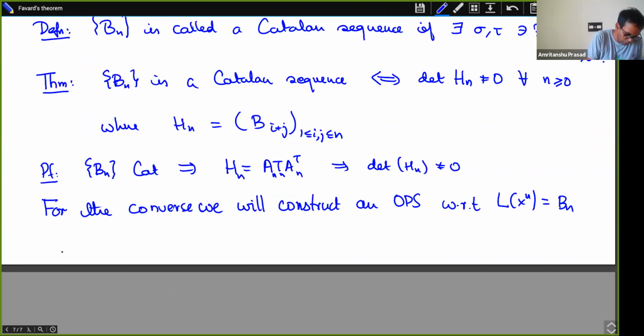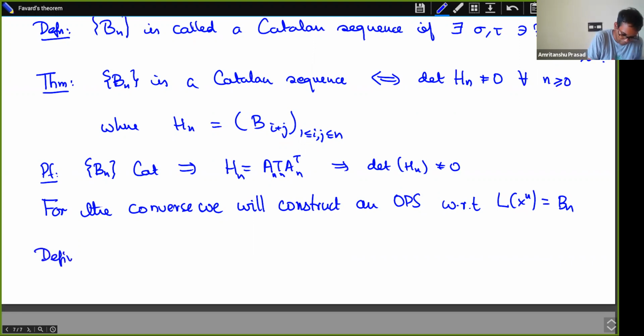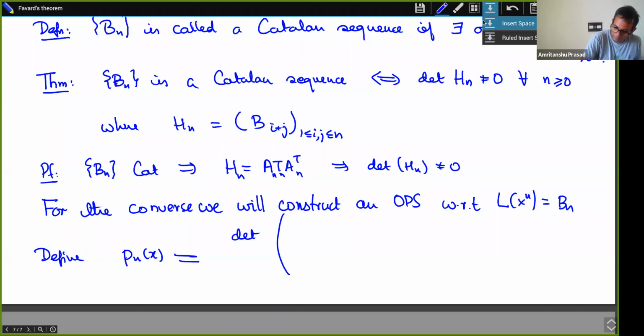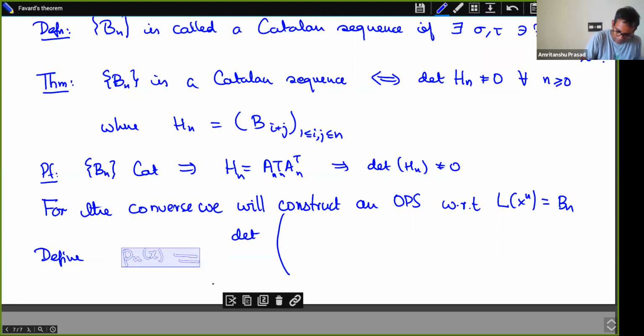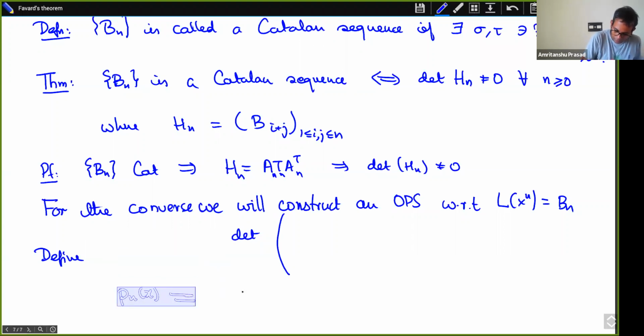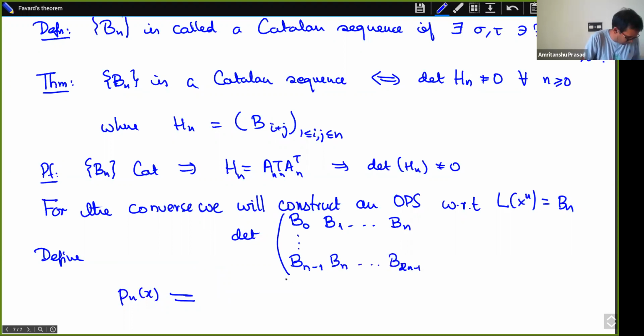So what you do is define Pn of x. This is a very clever construction: the determinant of B0, B1, and so on, going up to the last but one row, and in the last row we will put 1, x, up to x to the power n.